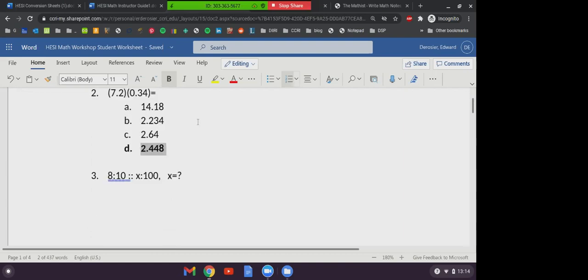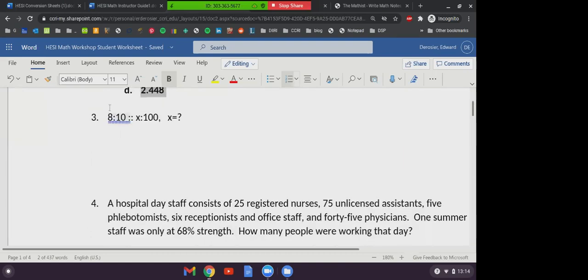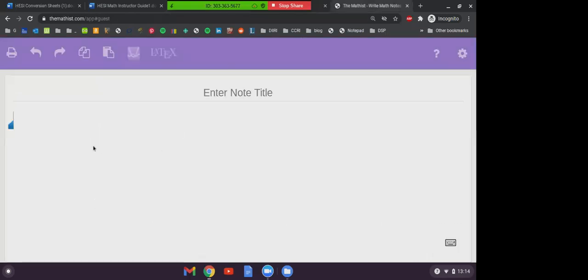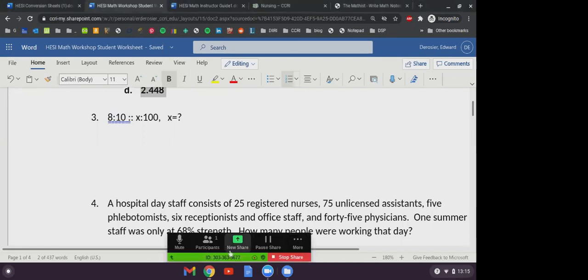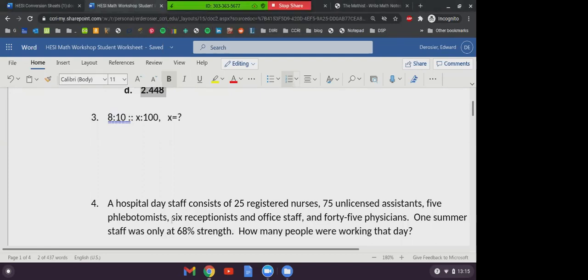Okay. All right, this number 3, I'm going to move it over here. It's 8 over 10 equals x over 100. I just copied it.